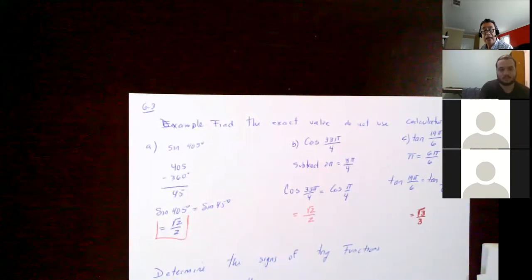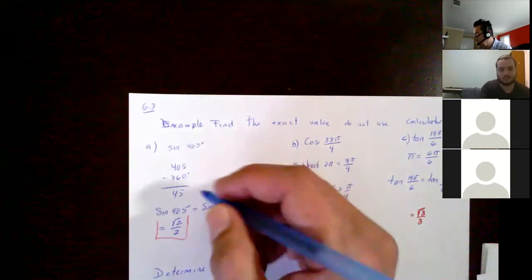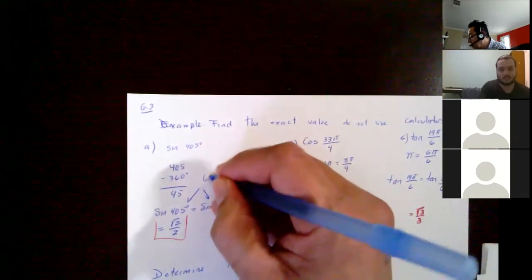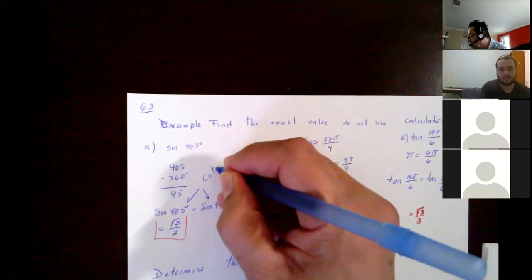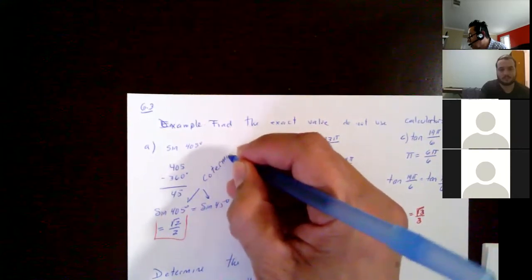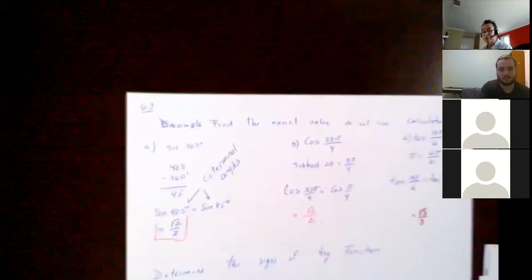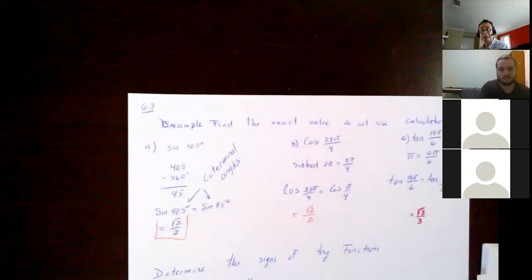These two angles are known as coterminal angles. Let me write it down here. Coterminal angles.